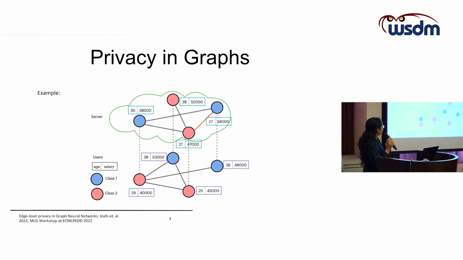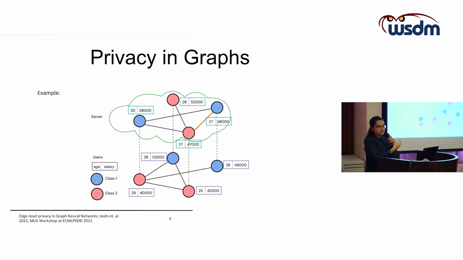Now, as we know, the structural information is also important in addition to the feature information in the graph. We saw in the previous slide that every node in the graph has a feature vector associated, which is the feature information, in this graph say age and salary. And we are aggregating the information over the neighborhood, which means the structural information is also important.